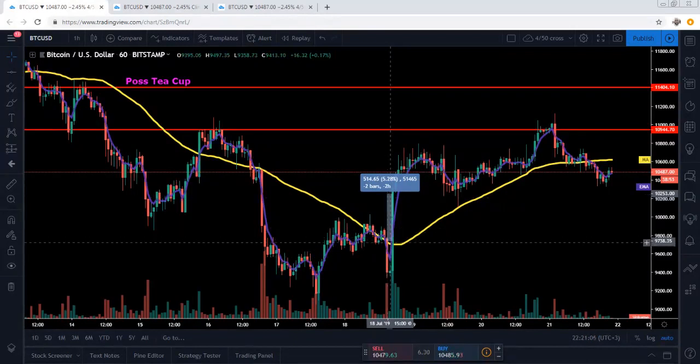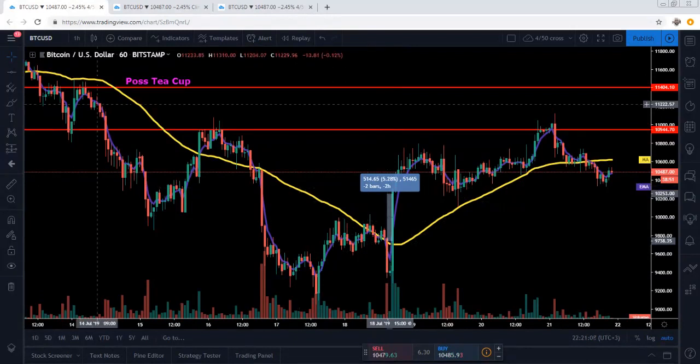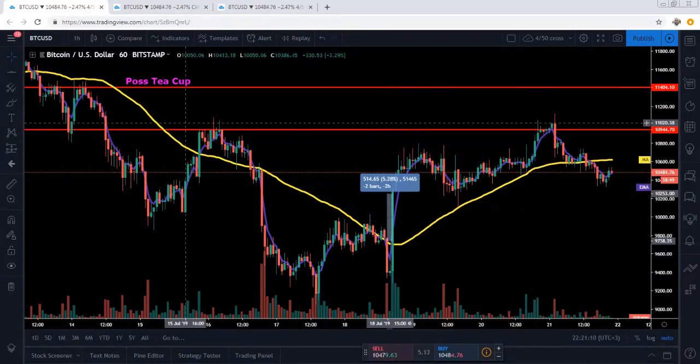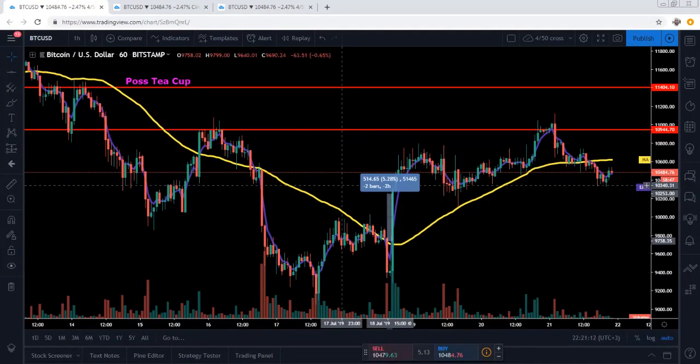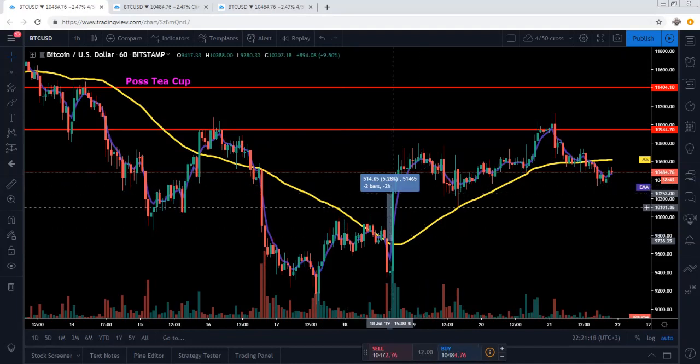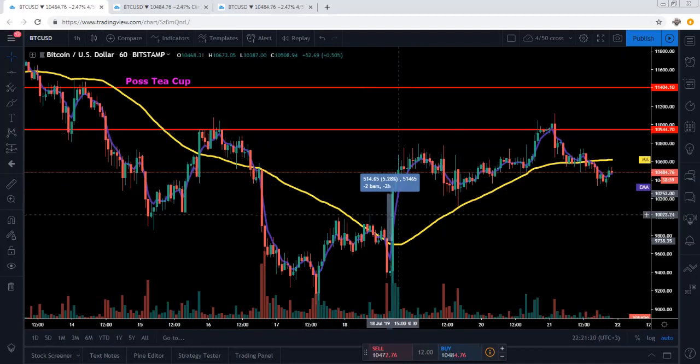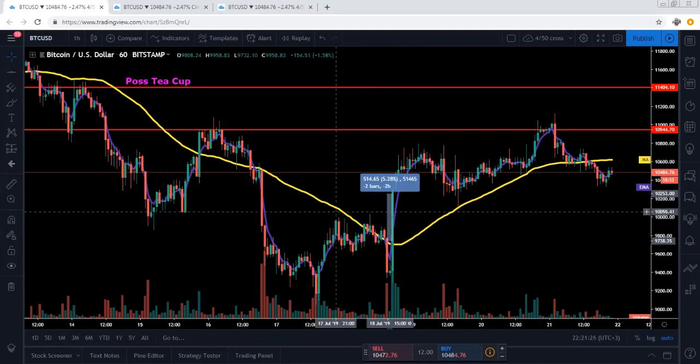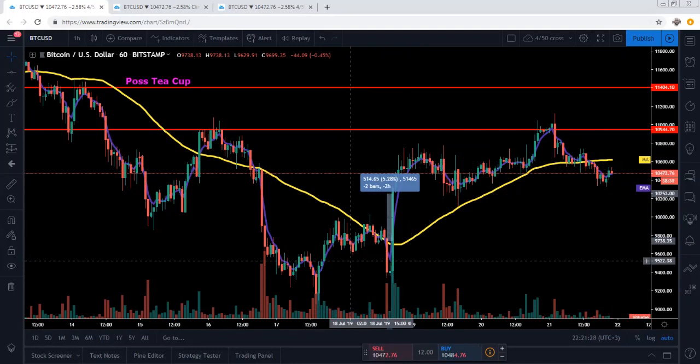Because anytime the 4 crosses the 50 on the 1 hour or the 4 hour, it's going to pop. It's going to run. Even if there is a resistance right there, it's going to blow through that resistance. Or if it's a support right there, it's going to blow through that support.